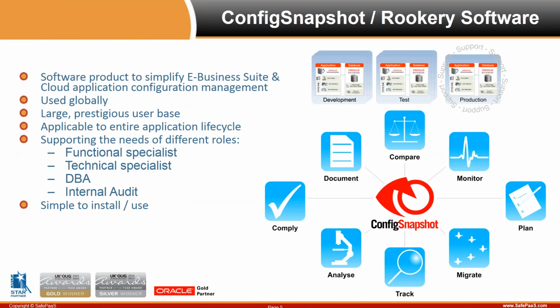So Gordon, thanks for joining again. If you want to just quickly introduce yourself and maybe talk a little bit about ConfigSnapshot, the product that Oracle Software builds. Indeed, yeah, thanks, Adil. My name's Gordon Halley, part of the ConfigSnapshot team. Rookery Software is the software author, ConfigSnapshot being the actual product. It's a pretty mature product, something we've been developing for the last 18 years or so, with around 600 plus organizations using ConfigSnapshot to support their E-Business Suite instances.